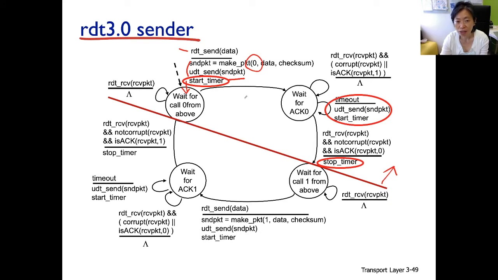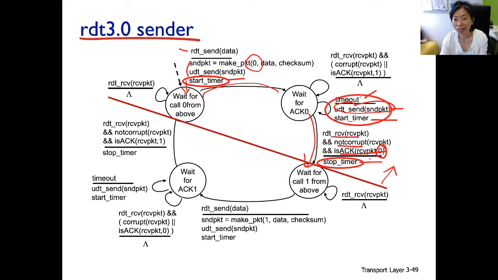And this is the transition next. If everything is going smoothly, receiving an ACK, it's not corrupted, and it's indeed ACK for 0. Then what? Stop timer. Now, if things don't go all that well, and the timer expires, then retransmit the packet and start the timer again. Because, hey, we just sent the data again, then the timer needs to be refreshed.